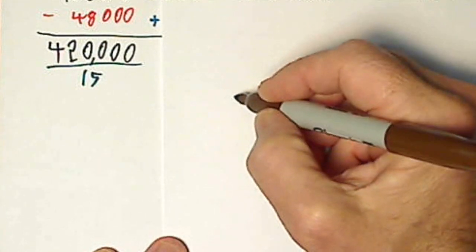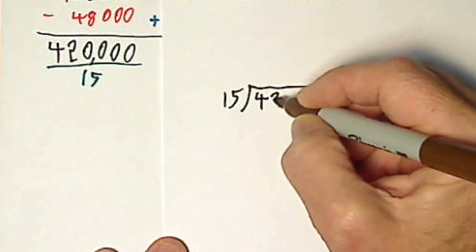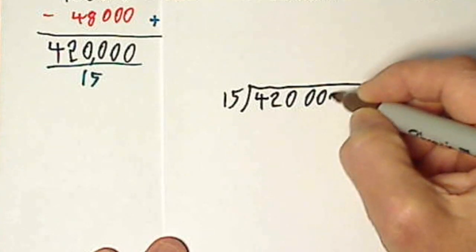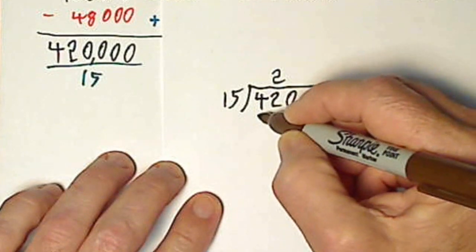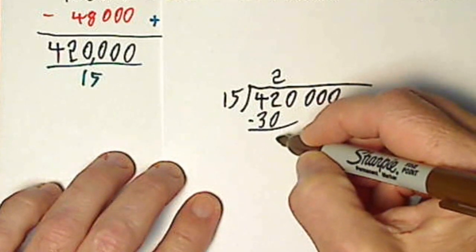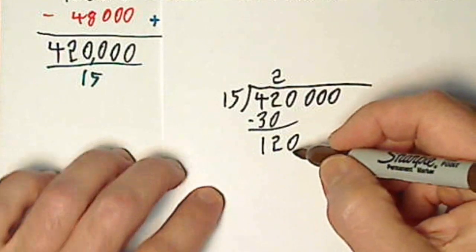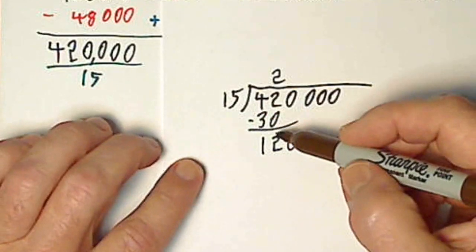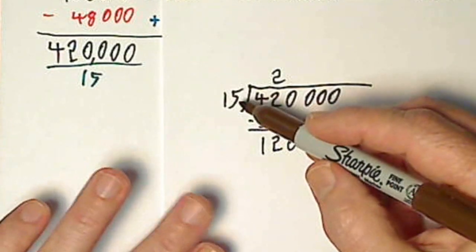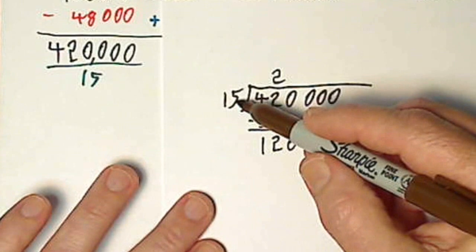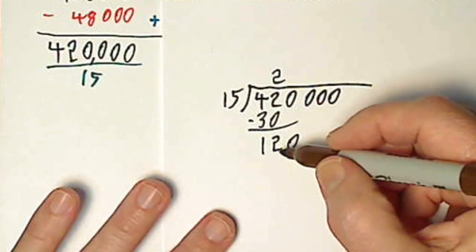So we have 15 is going to have to divide into 420,000. It goes into 42 two times. Bring down our 0. Okay, 15. A good way to think of it: 2 times 15 is 30. 3 goes into 12 4 times.